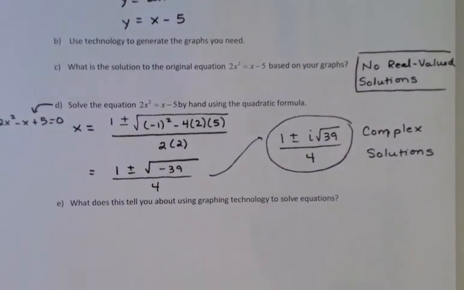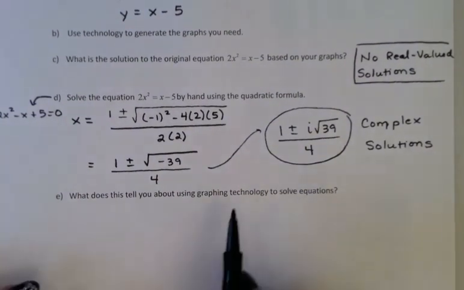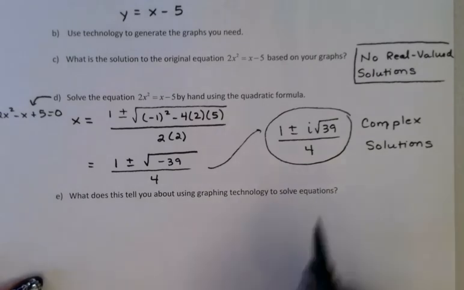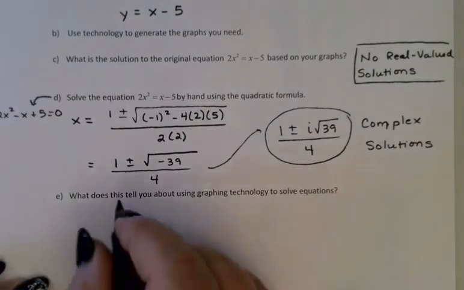So the lesson learned here is that if we are going to use graphing technology to solve our equations, graphing technology will only find real valued solutions. If we're interested in complex solutions, the graph's not going to give them for us.